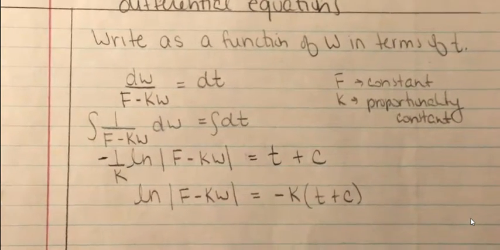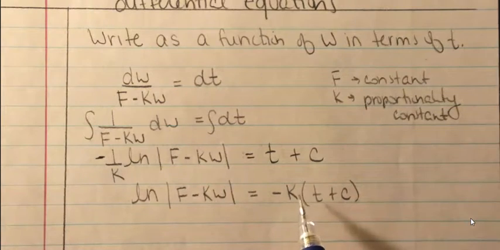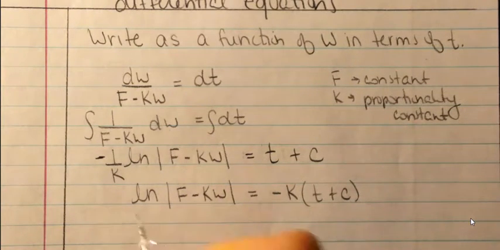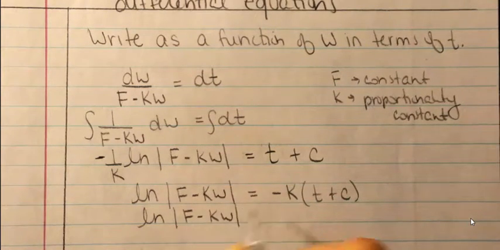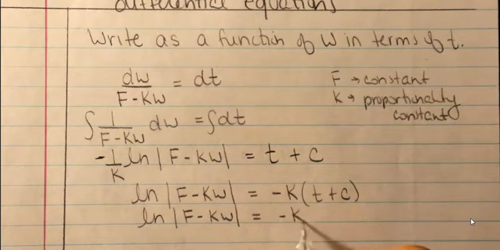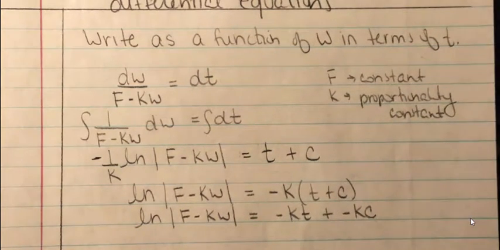My goal here is to get w in terms of t, so I've got to figure out a way to get w out of all this mess. I'm going to go ahead and distribute this negative k. So I'll end up with ln of f minus kw equals negative kt plus a negative kc. Now I'm putting the plus there for a reason, and you'll see this in a minute, and we did this in our last section as well.